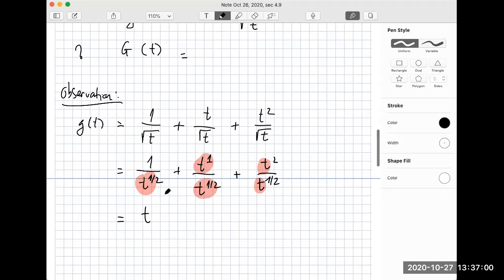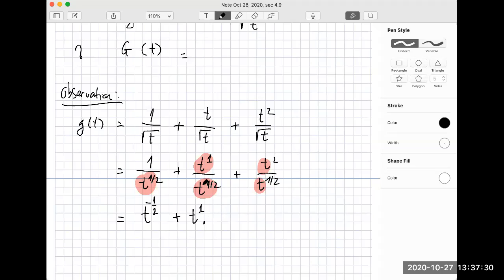Very good, t to the negative 1/2, right? We bring the term in the denominator to the numerator. We need to change the power. Here, the power of this is 1/2, right? We bring it to the numerator. It will be negative 1/2 here. And here, it will be t to the 1, right?